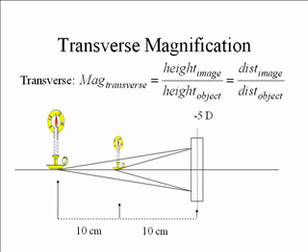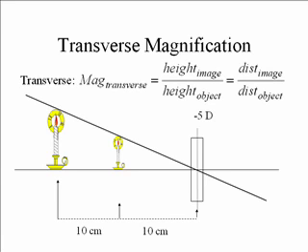What we're going to do now is make it into a central ray diagram. This is the central ray here. We've drawn it from the top of the object through the center of the lens, where it emerges from the lens, of course, undeviated. And we know that the base of the candle in the image lies along this line, and that the flame of the candle lies along this line.